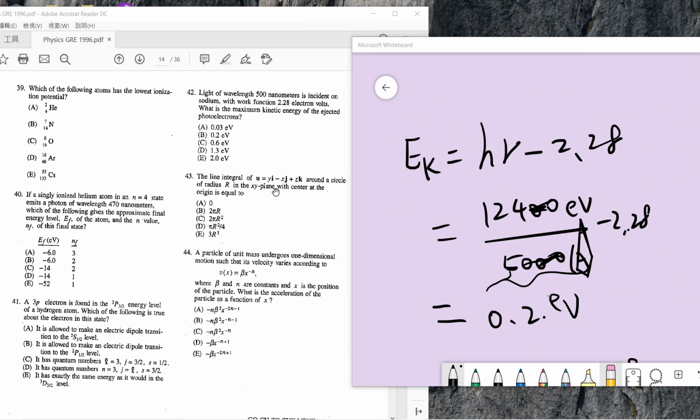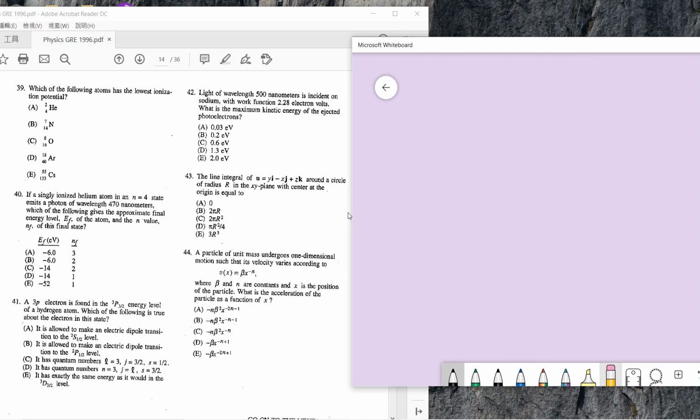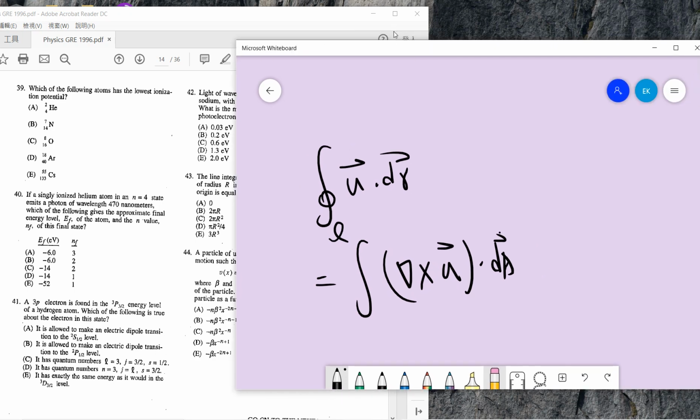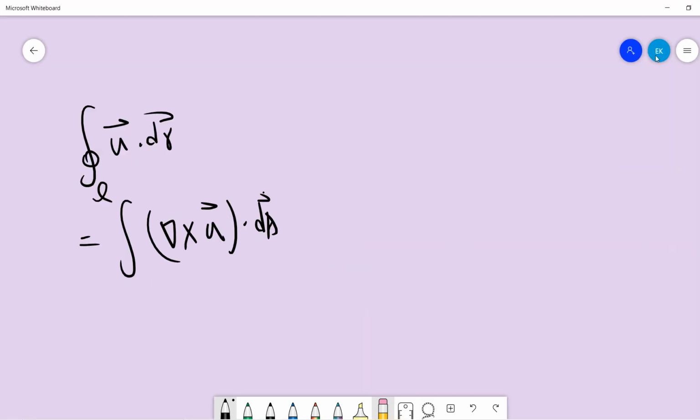43. You have a line integral along a circle. So remember what we need to use is the Stokes formula. Your Stokes formula tells you that you can compute the curl.